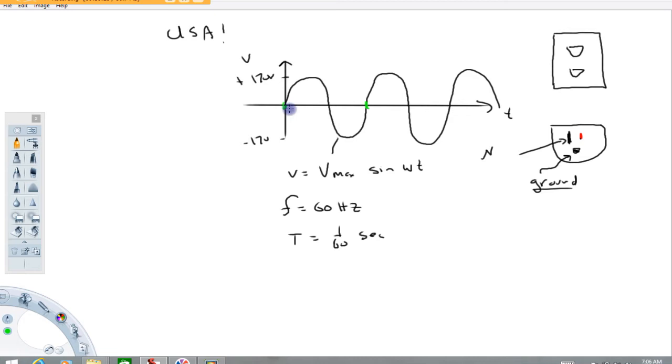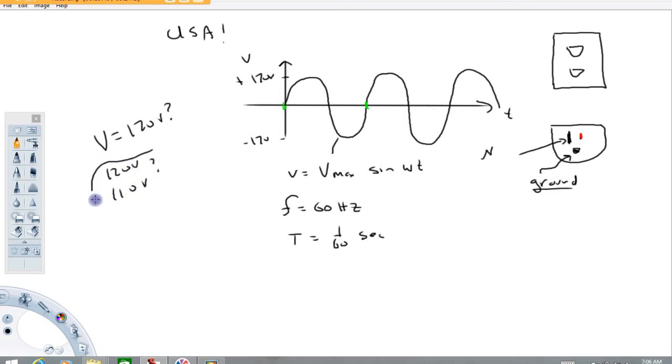So this video is starting to get a little bit long. I'm going to finish it by chatting a little bit about the voltage in this 170 volts. If you're watching this video, this may not be familiar to you. You're probably sitting here going, this voltage is 170 volts? I've never heard of that. When I buy a light bulb, it doesn't say 170. It says typically something like 120 volts, or sometimes 110 volts.